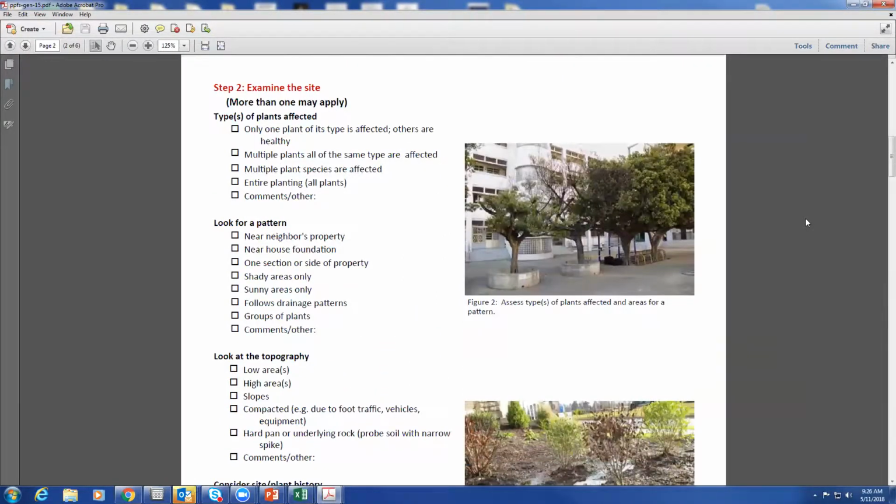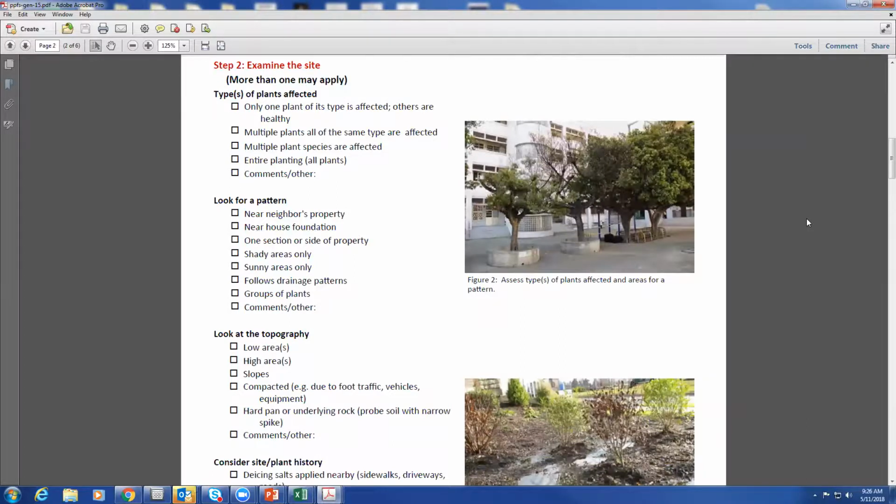Okay, then looking at the site more closely, and again, these are considerations, so more than one can apply. We're looking for patterns here. Patterns are really important in plant disease diagnostics. And diagnostics, not just meaning when it gets to our diagnostic lab. Diagnostics meaning what you do in the field first, and then as it radiates out into whatever specialist might be needed here.